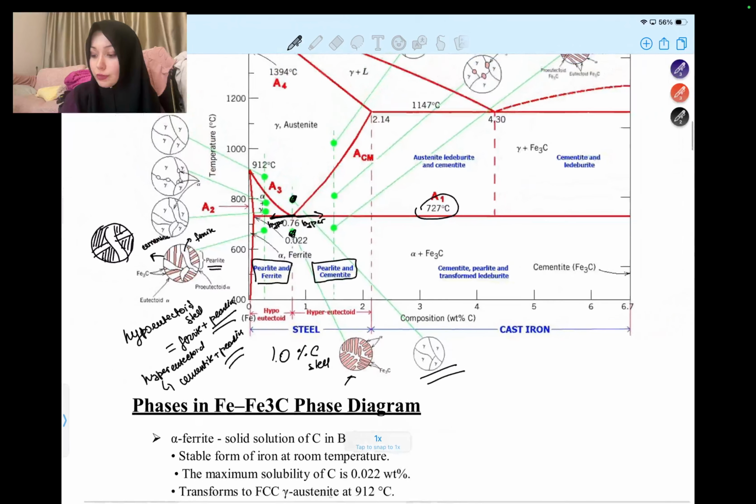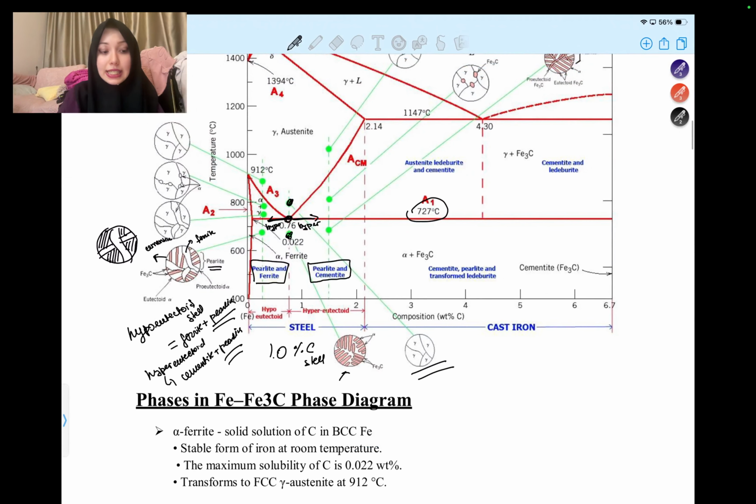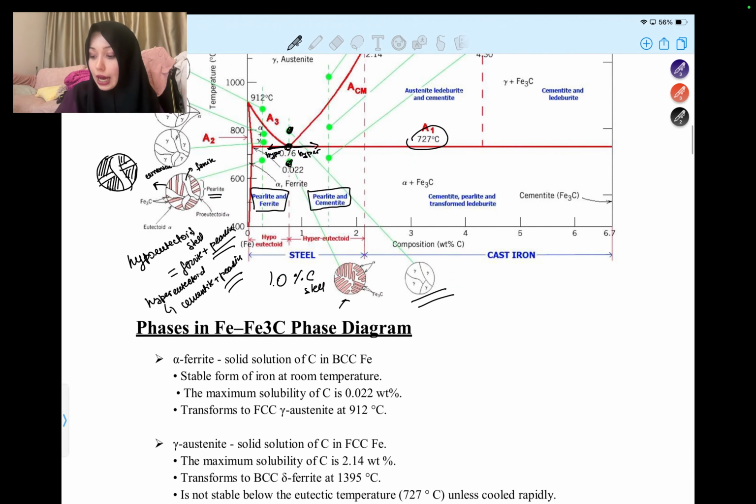So before the reaction itself happens, we can have the proeutectoid phase. So what is the proeutectoid phase? In hypoeutectoid steel, the proeutectoid phase is ferrite. So the differentiating thing here, you would call the proeutectoid phase.